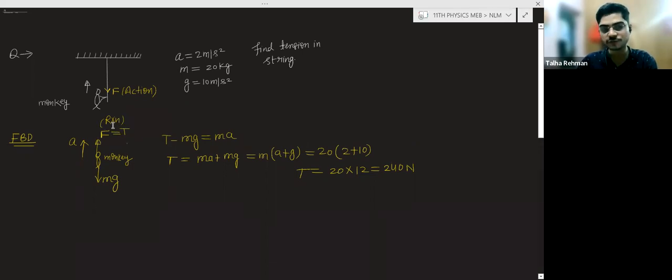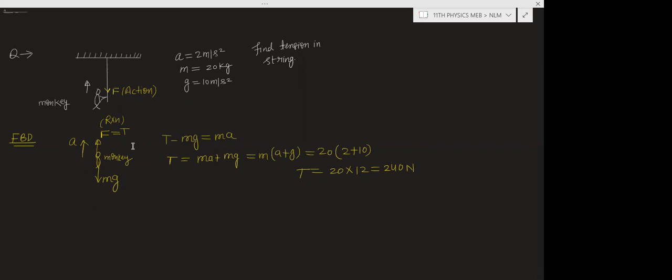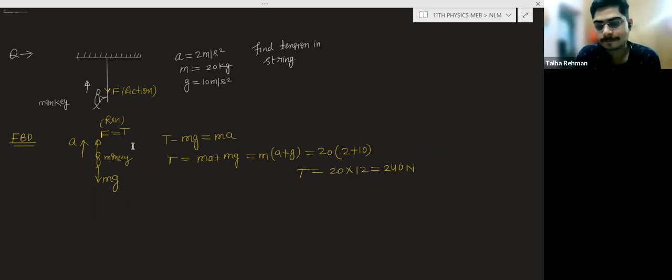This reaction force will be equal to the tension that will be produced in the string. Yes, sir, and the reaction is happening on the monkey, not on the string. Because action and reaction act on different bodies.